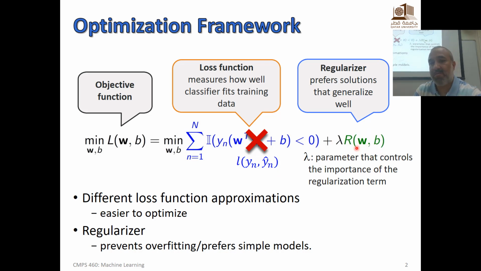Doesn't seem so, right? Because it's just a function of the weights. In the examples that we saw, it's a function of the weights. It doesn't depend directly on the data. But of course, the overall function depends on the data.